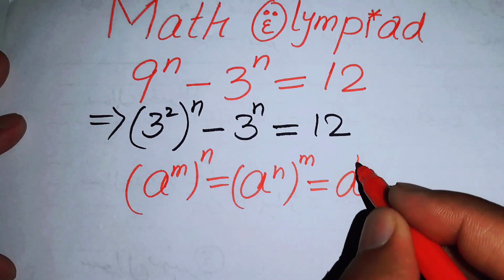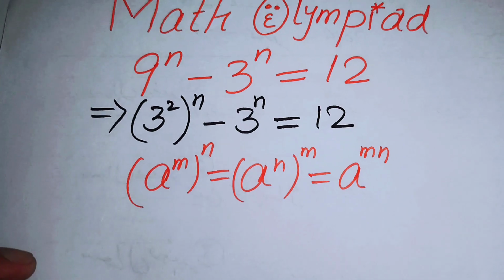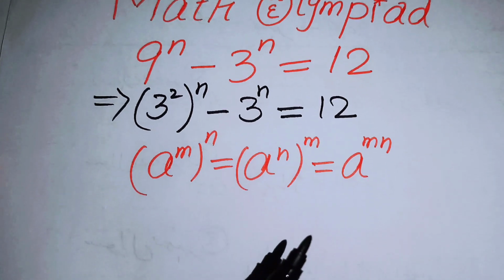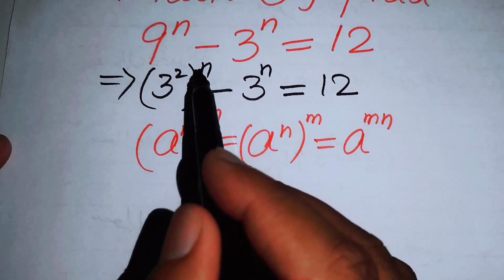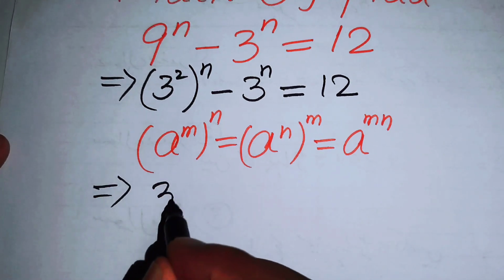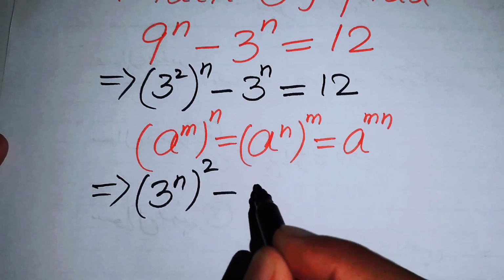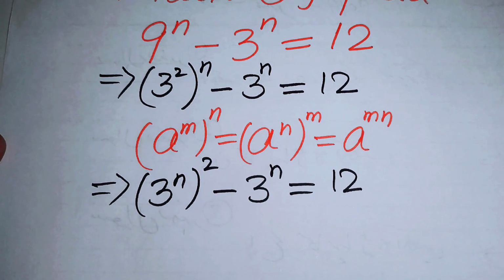So it is equal to a to the power of m times n. So now we can apply this exponential law in the first term on the left hand side, so that we can interchange these two exponents and we will get 3 to the power of n, and its whole squared, minus 3 to the power of n is equal to 12.